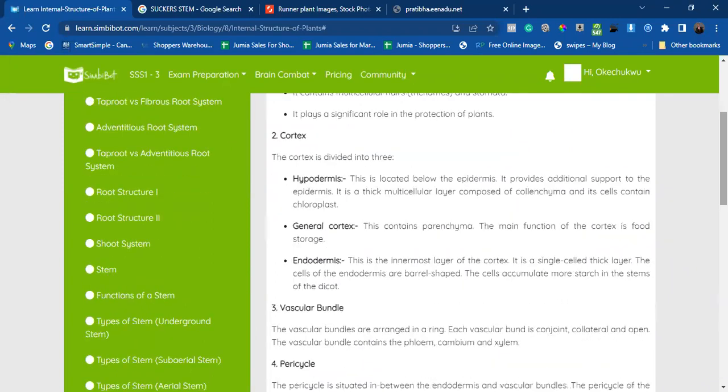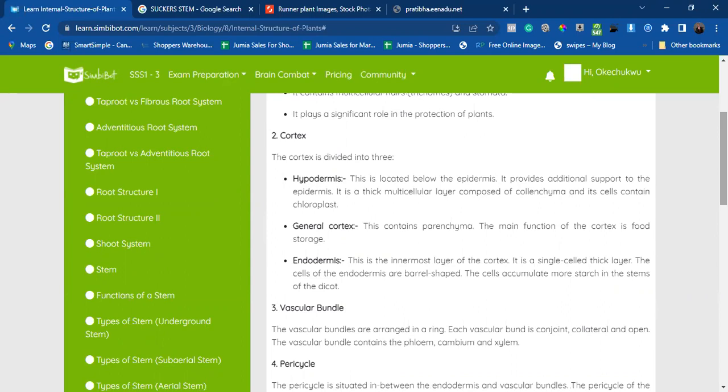Now the cortex is divided into 3. The hypodermis is located just below the epidermis, right? It also functions for support and contains chloroplast. Good. This is multicellular and contains chloroplast.